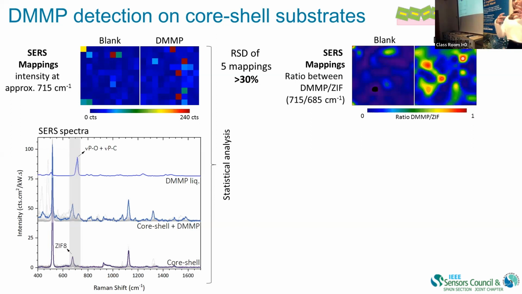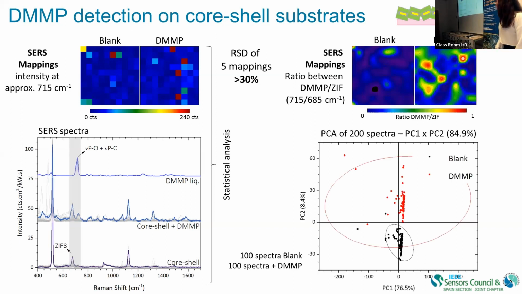And then we can visualize better and confirm that the DMMP is indeed in the substrate. But if you go even further and do a PCA analysis with all these spectra for one mapping, before and after the DMMP exposure, we see that we have enough variability to distinguish these spectra before and after the DMMP exposure.